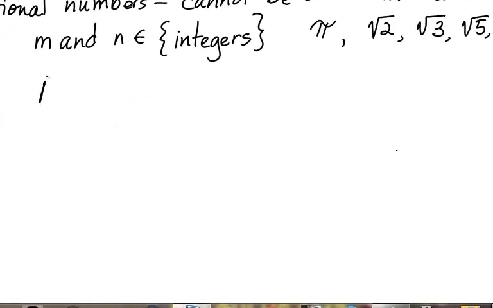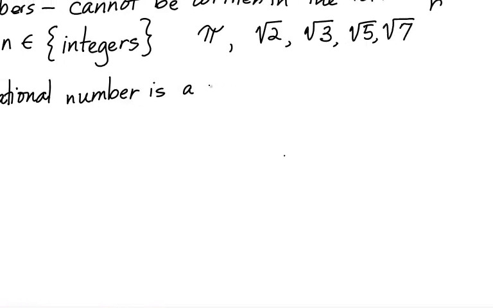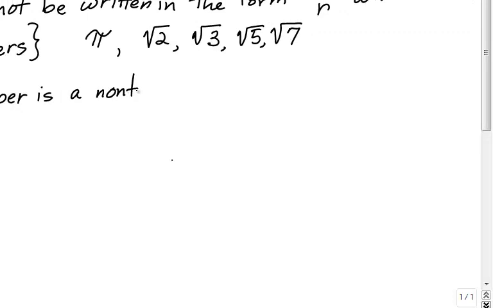Okay, and decimal wise, an irrational number is a non-terminating, that means it does not end, it does not terminate, a non-terminating, non-repeating decimal.